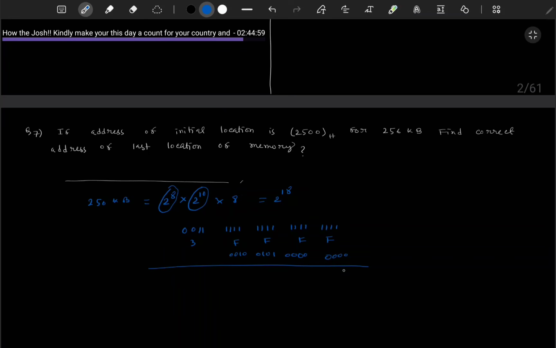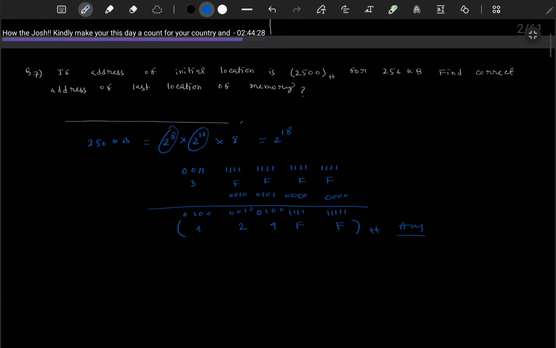Okay, so if you do it, you will get it like this. You can just calculate it on your own. Just simple binary addition it is, and this is the answer.